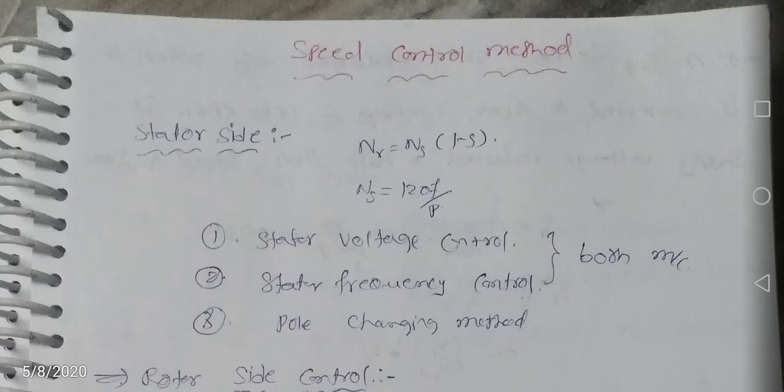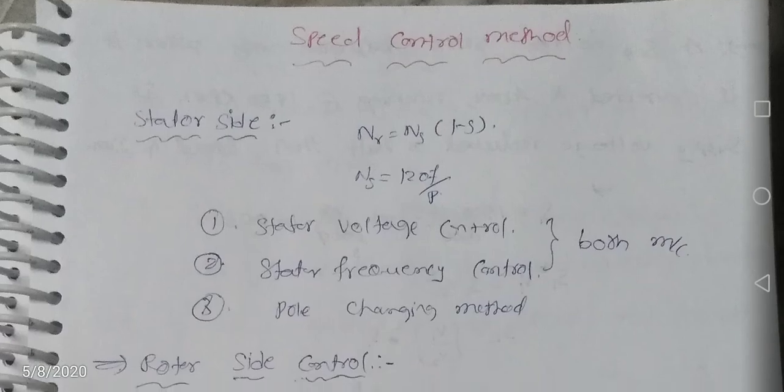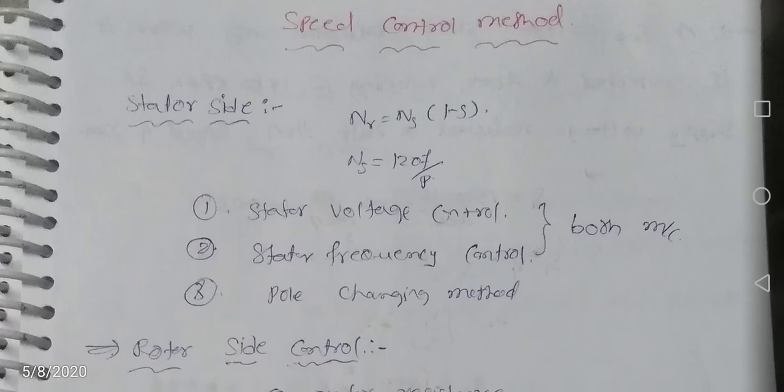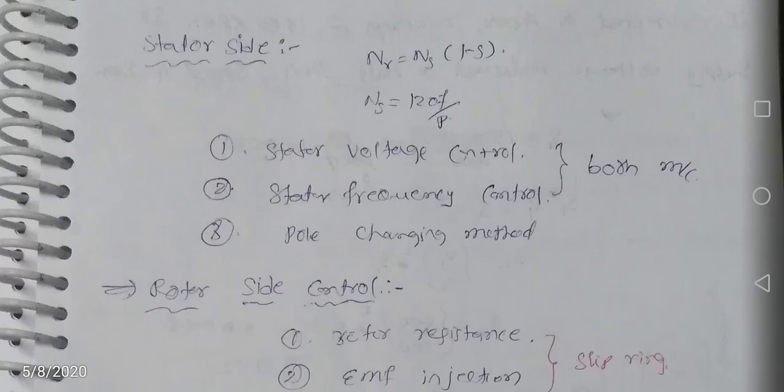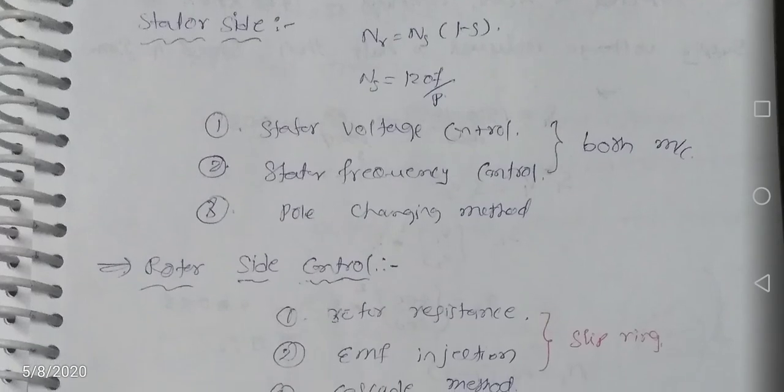Stator voltage control and stator frequency control apply to both machines, that is squirrel cage and slip ring induction machine. Pole changing method is only for squirrel cage induction machine and is not for slip ring induction machine.